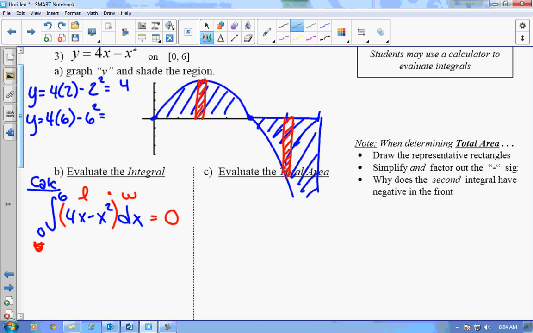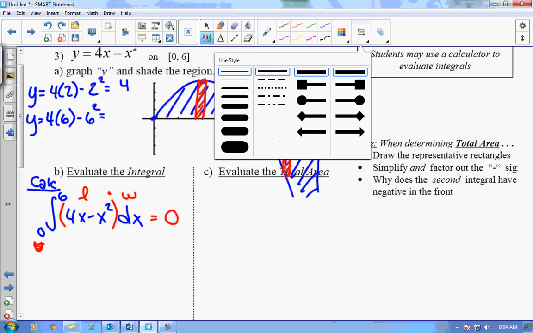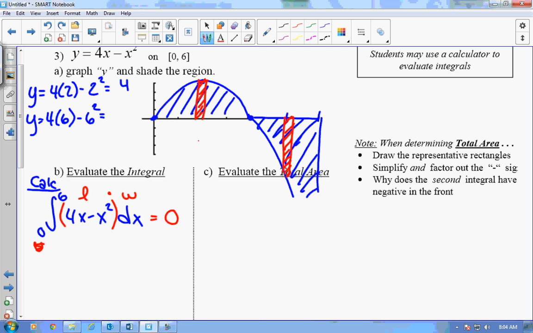Since one is positive and one is negative, they cancel out to 0, which is different than finding the total area. Okay, if we found the total area, as we put on the first part, the total area, the gross area, is always positive.